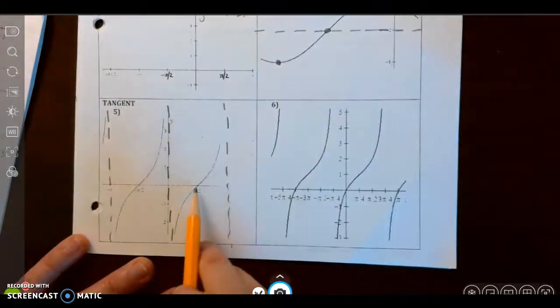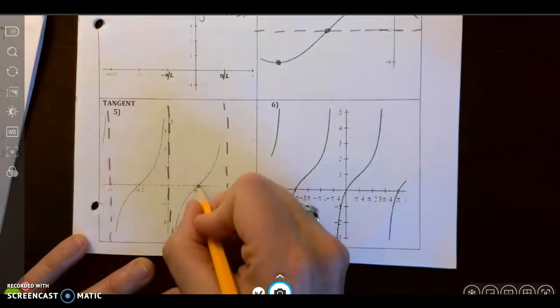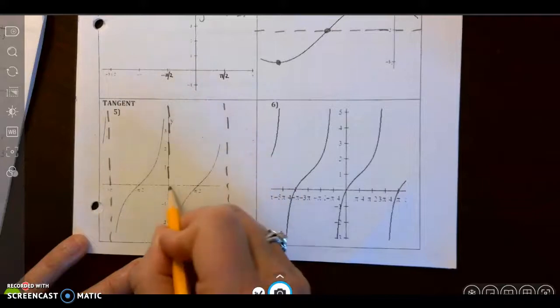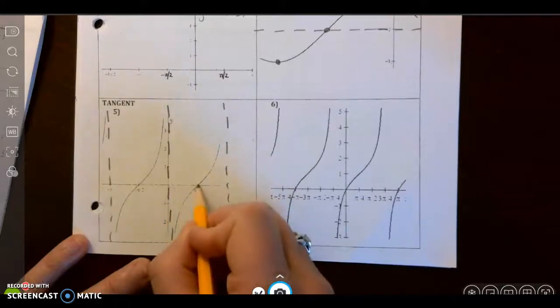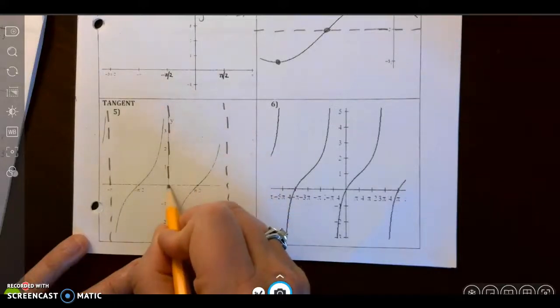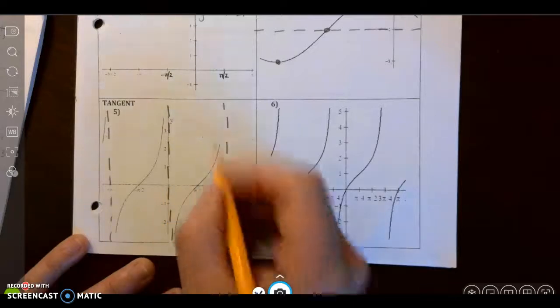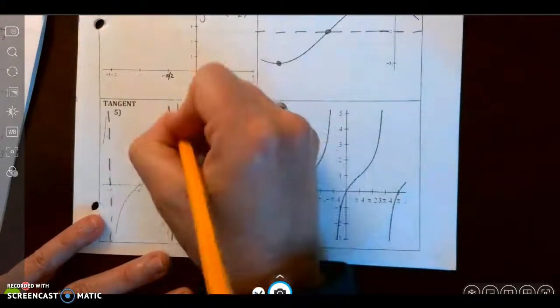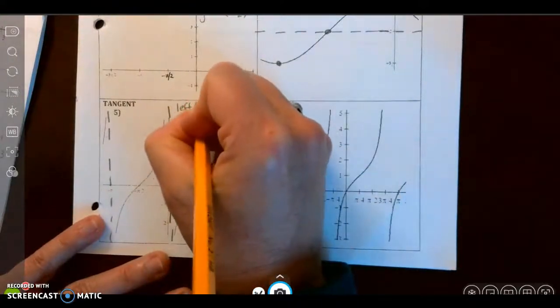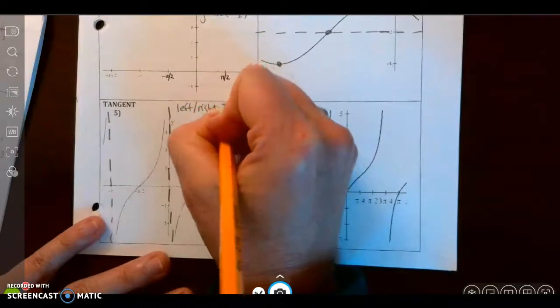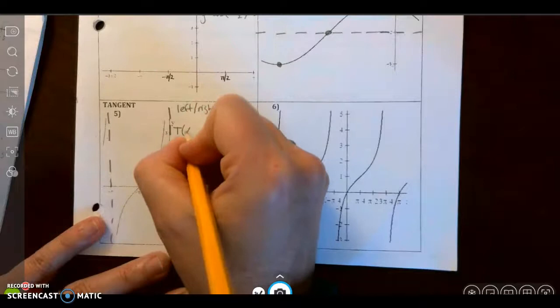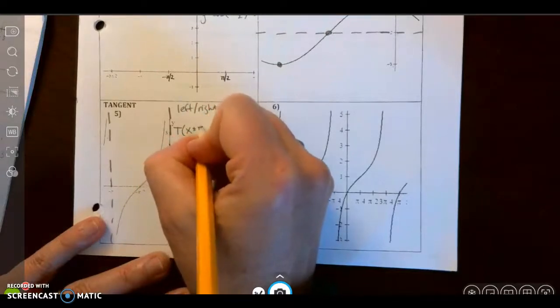My asymptotes are normally at pi over 2, so they've moved either left or right pi over 2, because I can see that I have a new asymptote here to the left. I also have a new asymptote here to the right. So when I do my translation rule, that would be x plus or minus pi over 2.